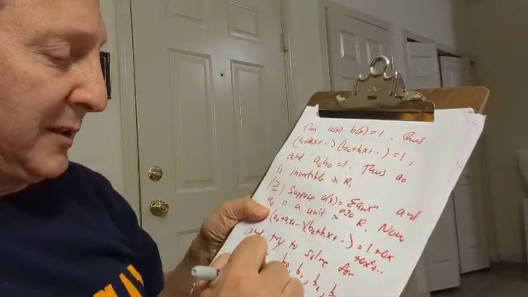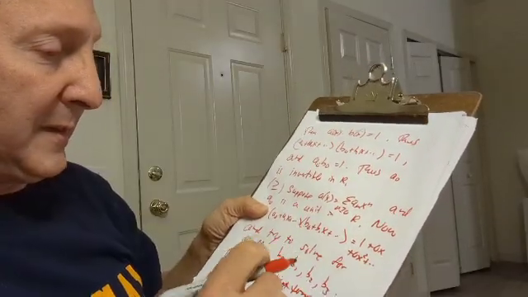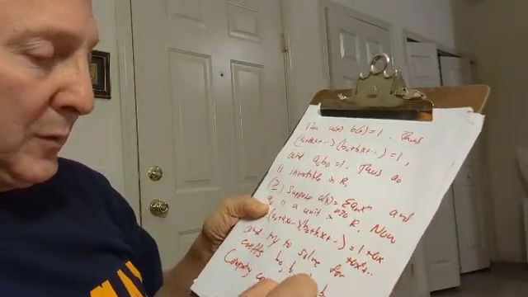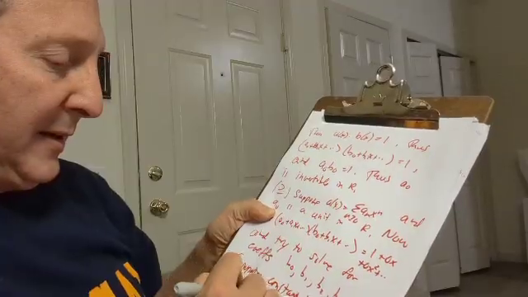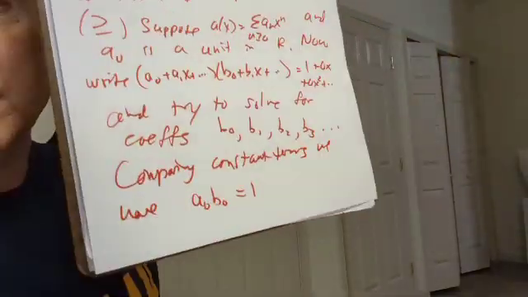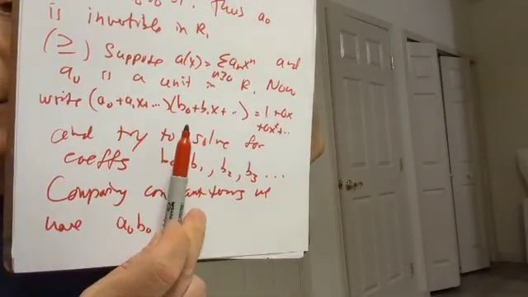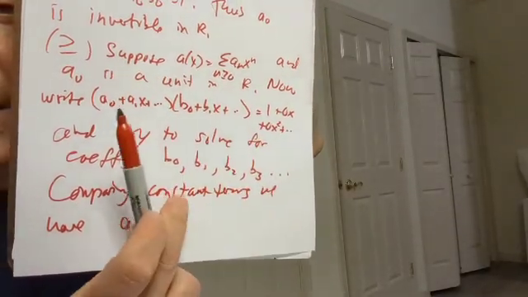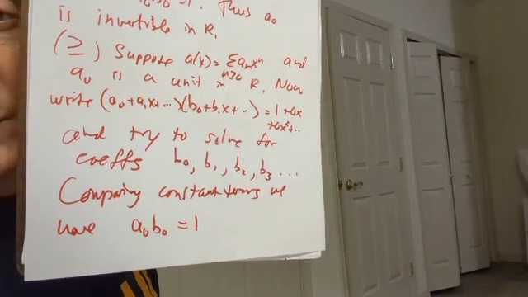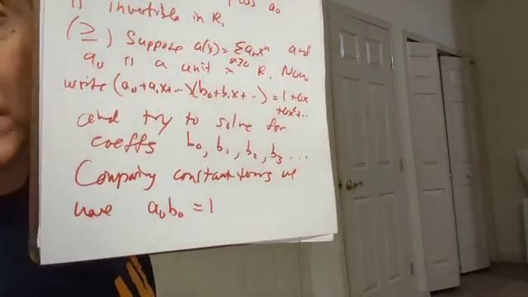So comparing constant terms, we have a0 b0 equals 1. So constant term times constant term equals constant term of 1. Well, if a0 is invertible, then that means we can solve for b0.